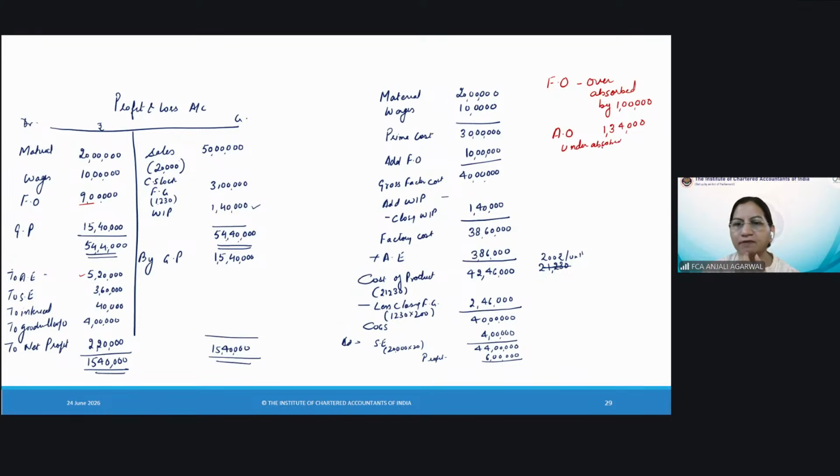So this is the second difference. Third difference is closing stock of finished goods. Closing stock of finished goods is 246 in one book, whereas it is 3 lakh in the other. So in financial books, closing stock is overvalued by 54,000.